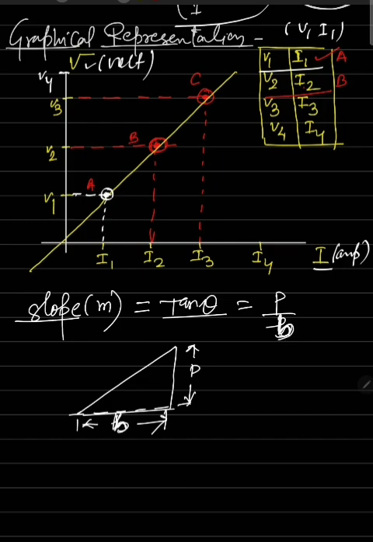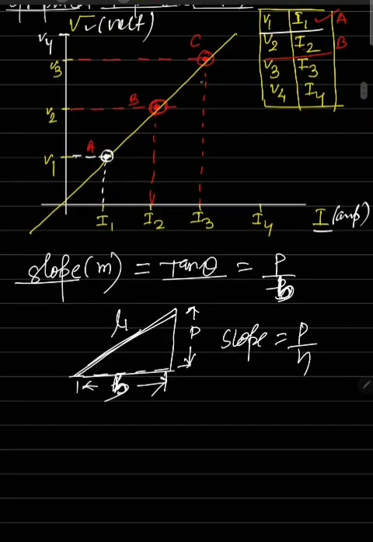So suppose I have to find the slope of this line L1: slope will be equal to P by B. Now suppose from this graph we have to find the slope, so what do we do? We choose any point A, B, or C. Suppose I choose this point C. Through this point C, draw one horizontal line and one vertical line. So this will be our P.